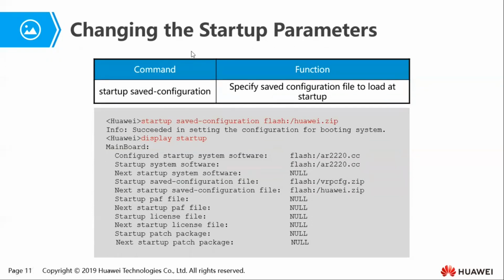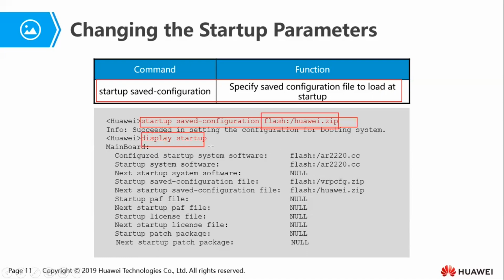Now, whenever you want to change the configuration file that should run on the next startup, you use the command startup saved configuration, then the location and the name of the file that you want to be run during the next startup.